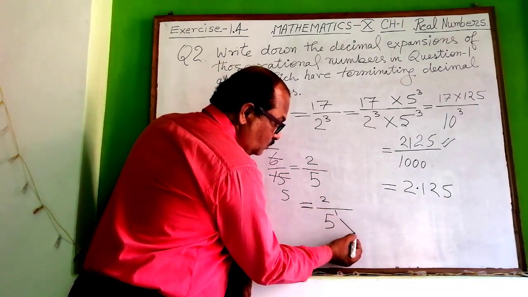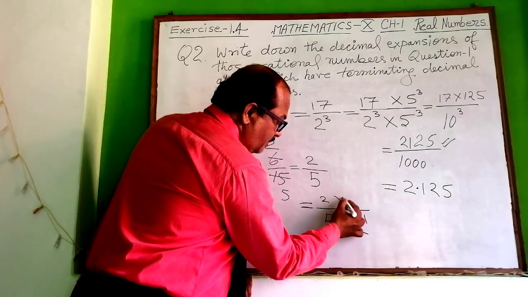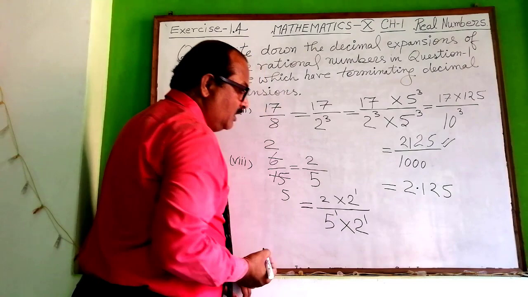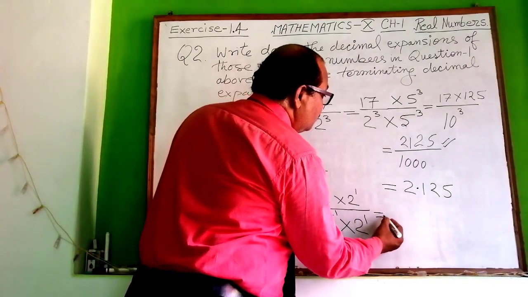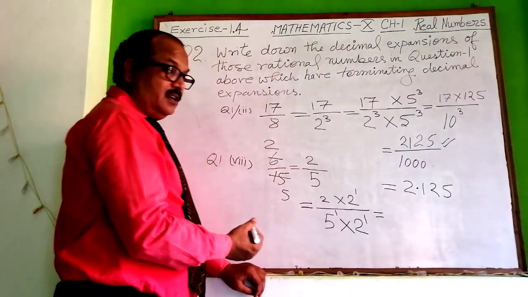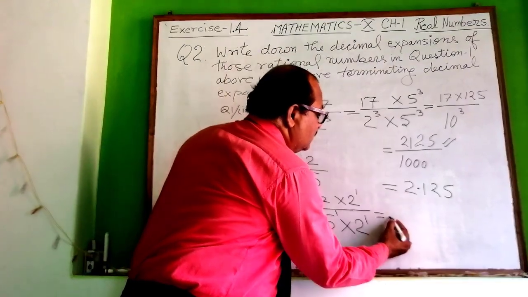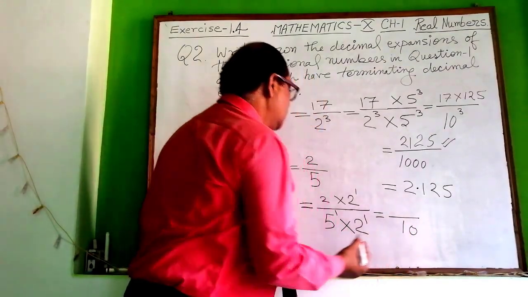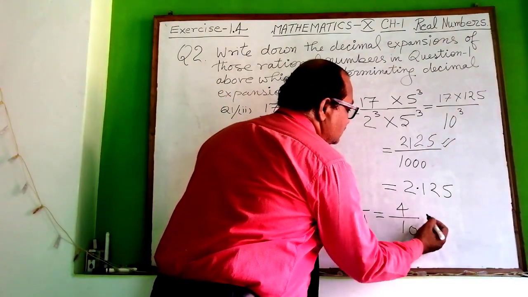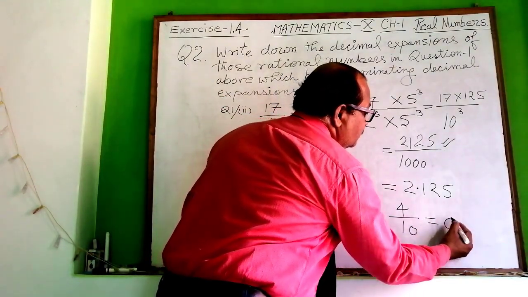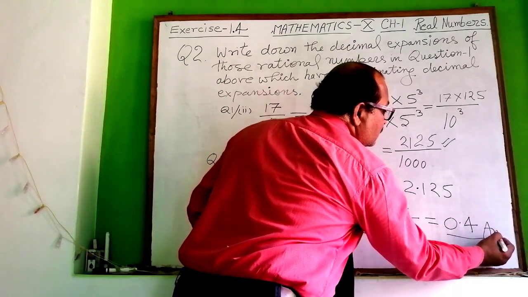Only 1. So you will also multiply numerator and denominator by the same 5. The power 1 is never written, but I am writing it here for your clarification. Now you can write the denominator as 10. Now multiplying 2 into 2, 4. So you can see the decimal expansion of this number is 0.4. Answer.